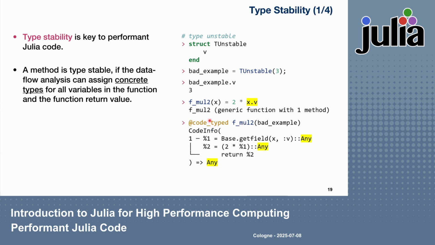But if we run the code_typed macro to do the analysis of this function, 2 times some variable, you will see, instead of 64-bit integer or, I don't know, 64-bit floating point numbers, you see Any. Any means any, whatever you want.